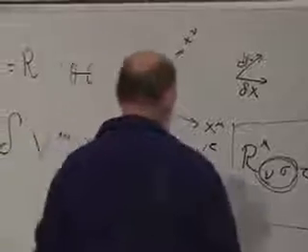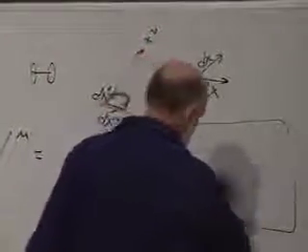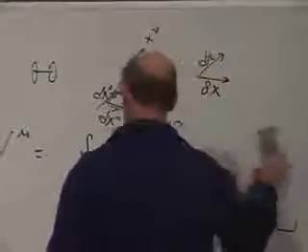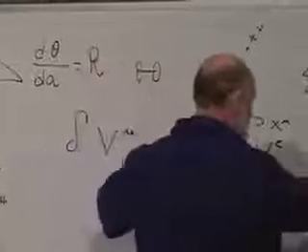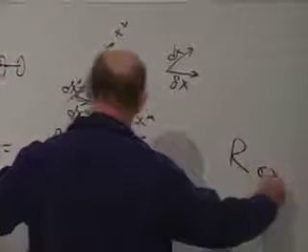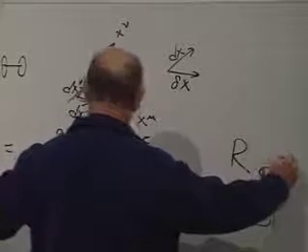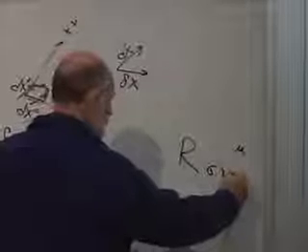I think I made a mistake. This does not look right to me. Let me correct it. Yeah, I think this should be R sigma nu mu tau.